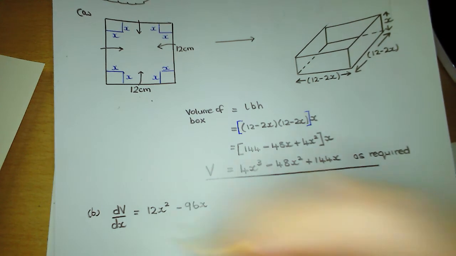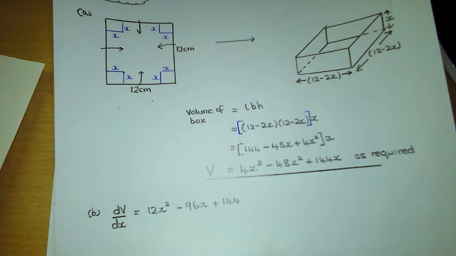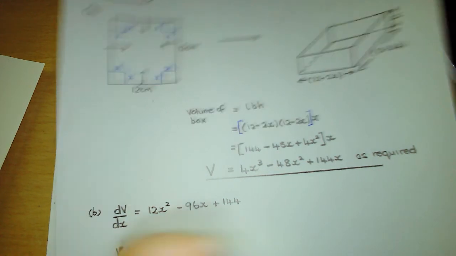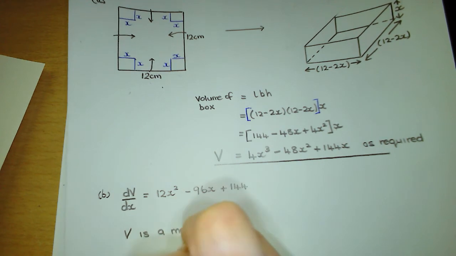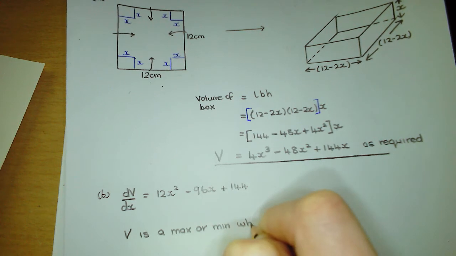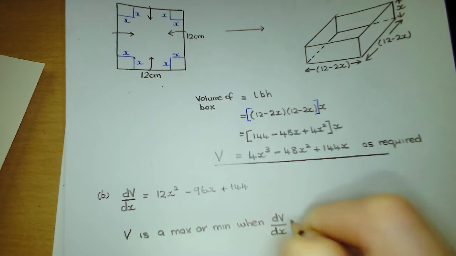And then differentiate the final term, plus 144. Okay, so volume, or V, is a max or min when the first derivative equals 0.